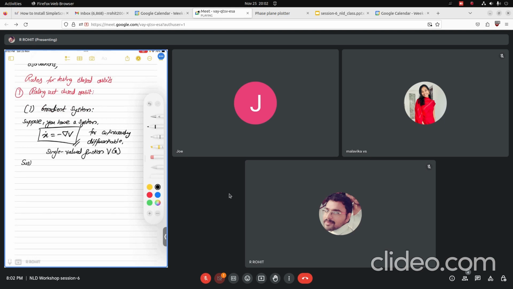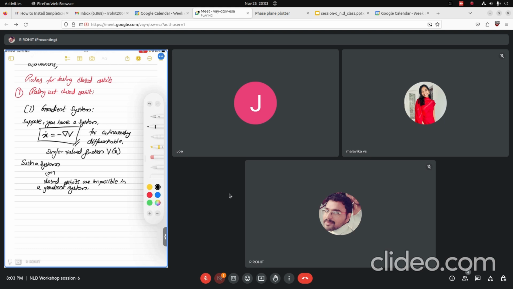Such a gradient system with a potential function v will never have a closed orbit, or we say that closed orbits are impossible in a gradient system.